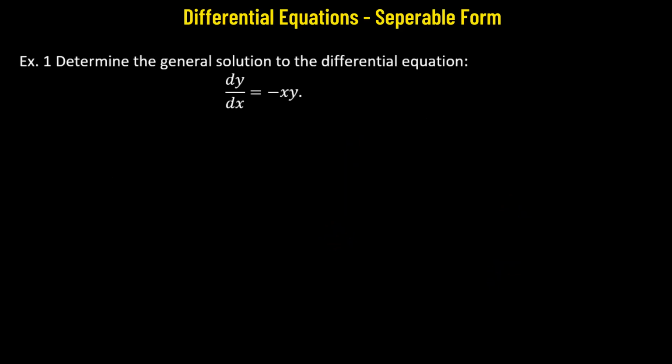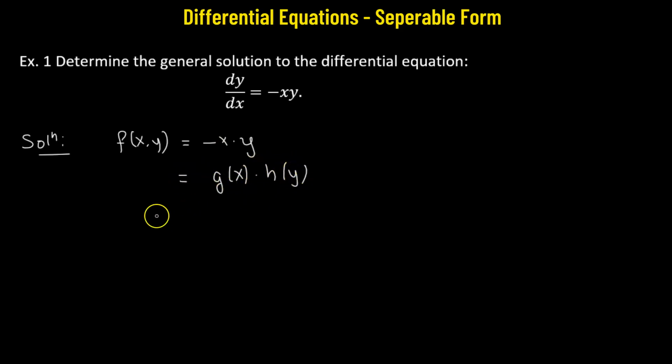We want to determine the general solution to this differential equation dy over dx equals negative xy. Here, if we look at our function f of x comma y, this is negative x times y, which can be thought of as a product of two functions g of x and h of y, where you can consider g of x to be negative x and h of y equal to positive y, but the sign is interchangeable.